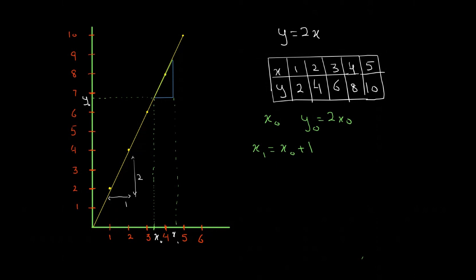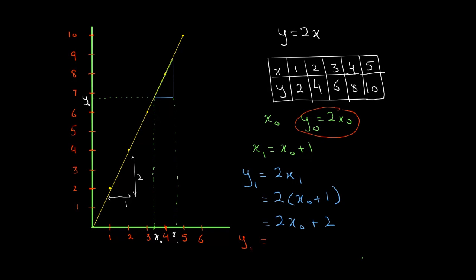So now y1, which is equal to 2x1, is equal to 2 times (x naught plus 1), which is equal to 2x naught plus 2. But please note that y naught is equal to 2x naught. So this means y1 is equal to y naught plus 2, which means y1 minus y naught is equal to 2.